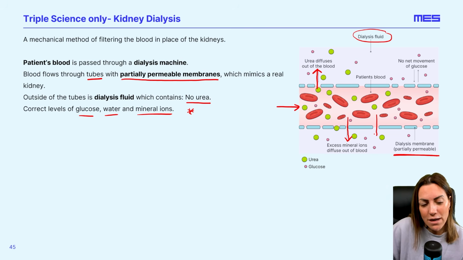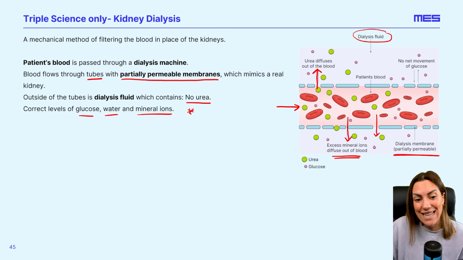Some of the patient's mineral ions will move out by diffusion, but only if they're in excess in the patient's blood, okay? Because remember, the dialysis fluid has the ideal concentration of water, the ideal concentration of mineral ions, and the ideal concentration of glucose. So only excess mineral ions will diffuse out, and only excess water will move out by osmosis.